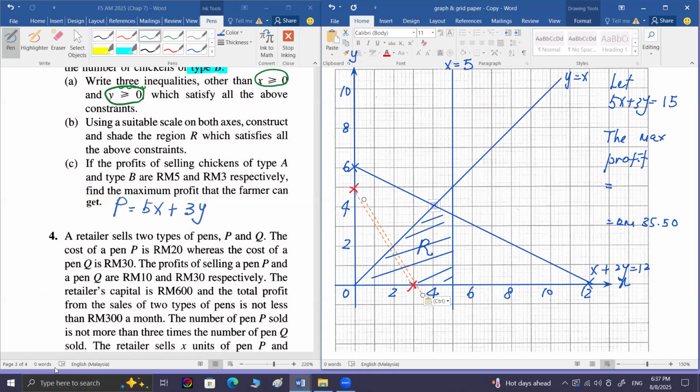Wait, class. Okay, so class, sorry. Now you need to shift to what? To the maximum.